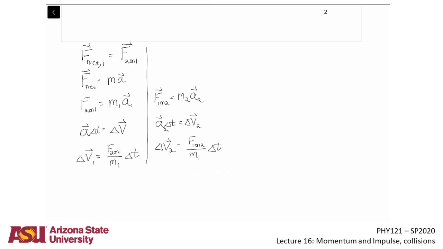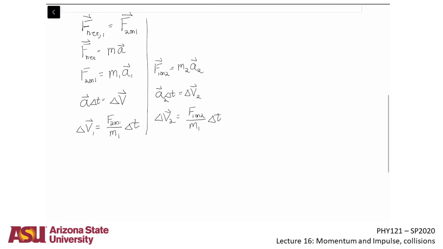Now, you might ask, why am I doing all this? And the answer is because these are third law pairs. Therefore, F2 on 1 is equal to minus F1 on 2.